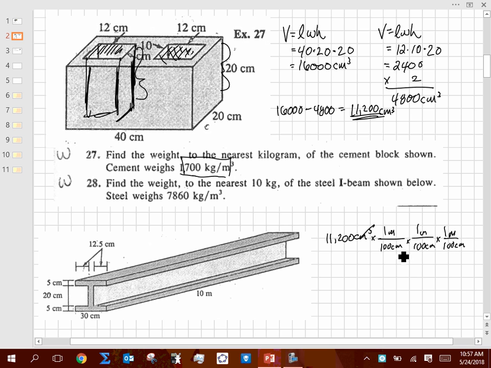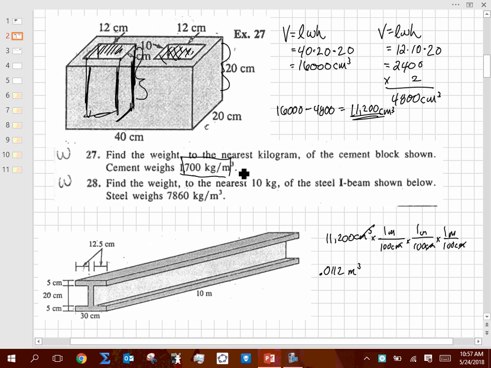The centimeters cubed then are going to cancel out, and I'd be left with meters cubed. Essentially it's going to move the decimal 6 spots, so it'd be 0.0112 cubic meters. Okay, so that's the volume in cubic meters.